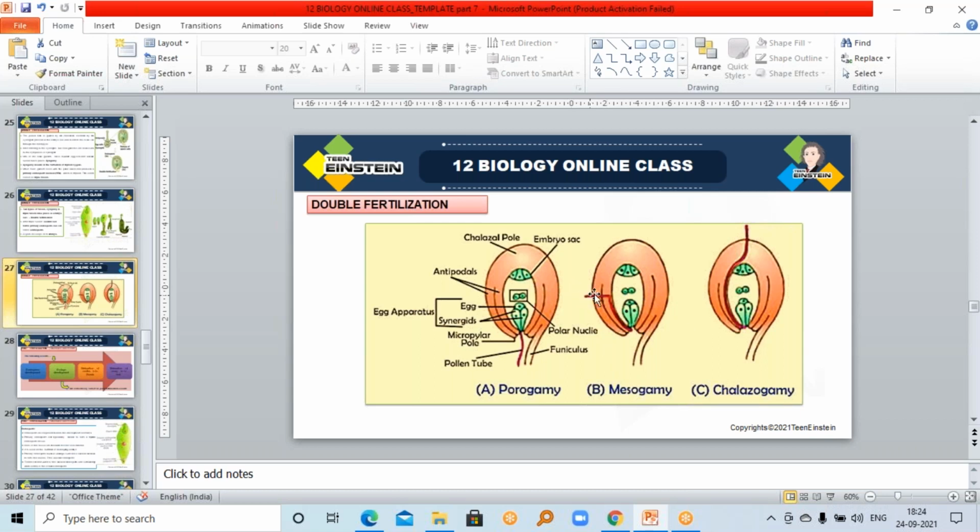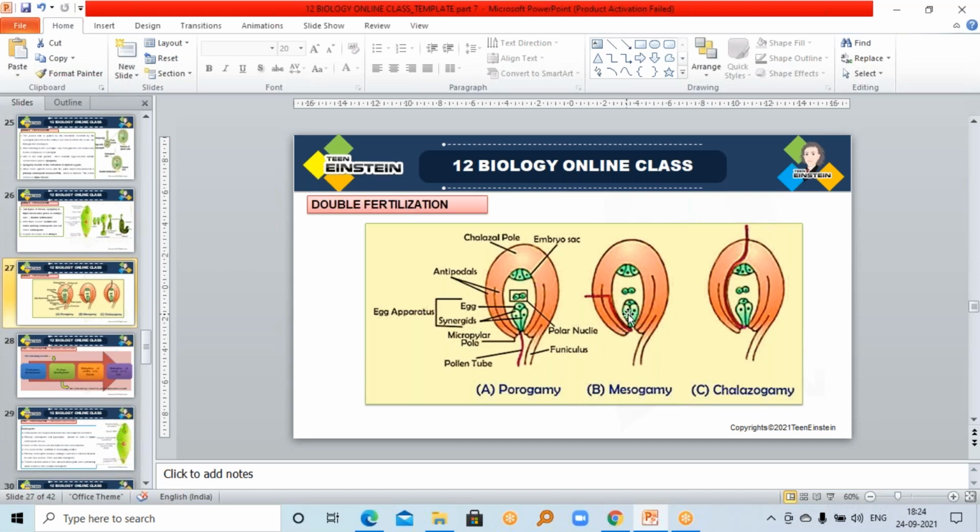Again, wherever the entry part may be, whether it is the micropylar region, the integuments, or the chalazal region, the pollen tube will move towards the egg cell and synergids. Here only the content of that pollen tube is getting released near the egg cell.